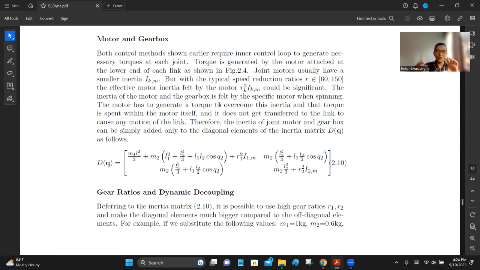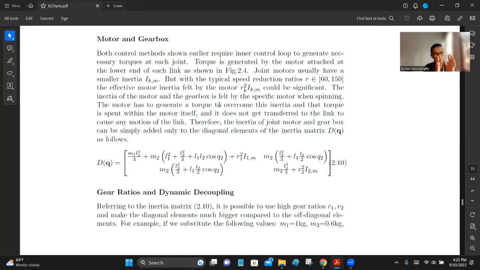But there's already a torque generated. Let's say you are driving a link at a certain angular acceleration, let's say 0.5 radians per second square. If you take the link inertia and everything multiplied by the acceleration, you get a torque.